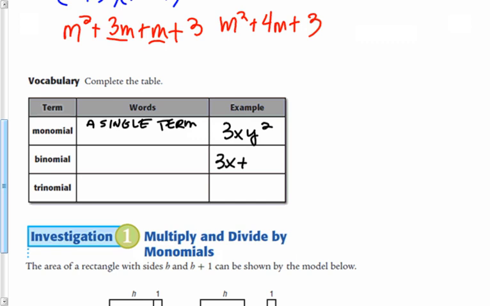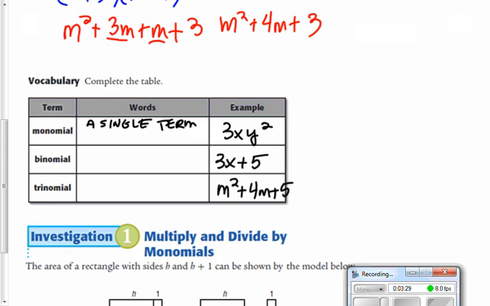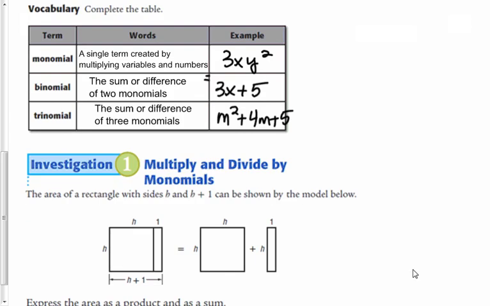An example would look like this. And a trinomial is the sum or difference of 3 monomials, something like this: m squared plus 4m plus 5. All right, make sure you fill in those definitions.